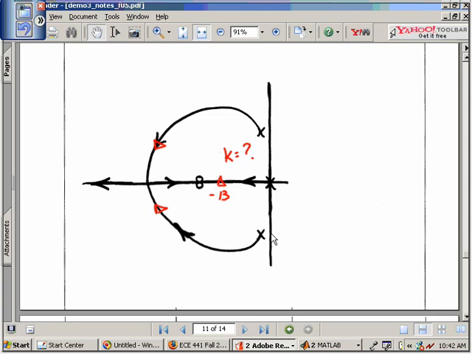Or if it actually puts us to where they re-enter and one comes here and one comes here, that's really probably too large for a gain, and we may want to back off of the gain to get us to that location, but we still want to try to get that triangle on the real axis to the left of this location that's 8 away from the origin. That's our goal, is to figure out what is K at that location, or to get us to 13.